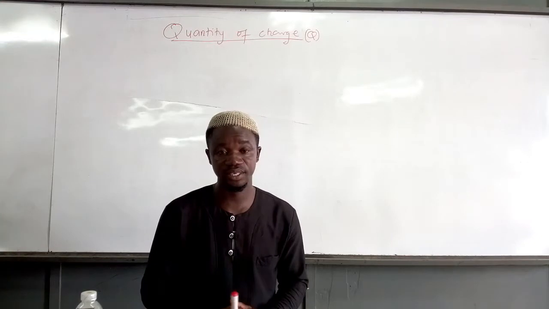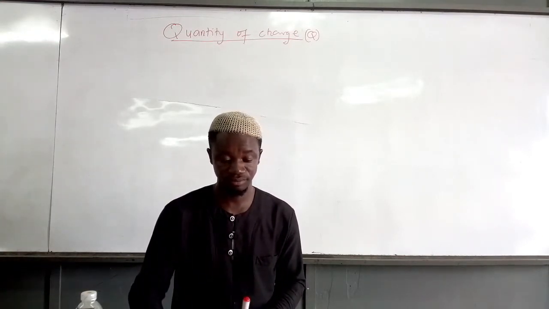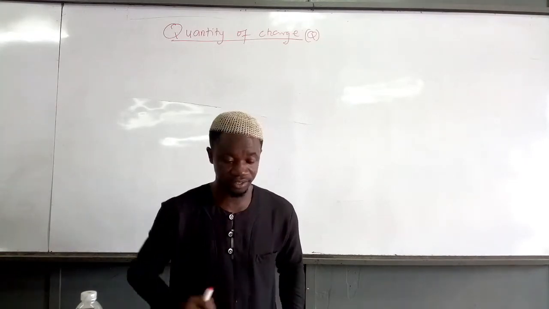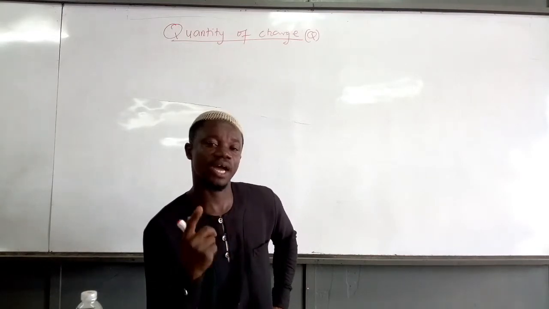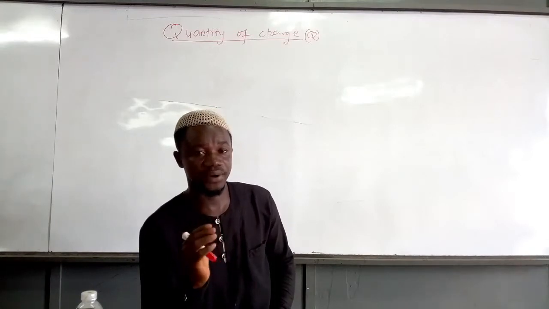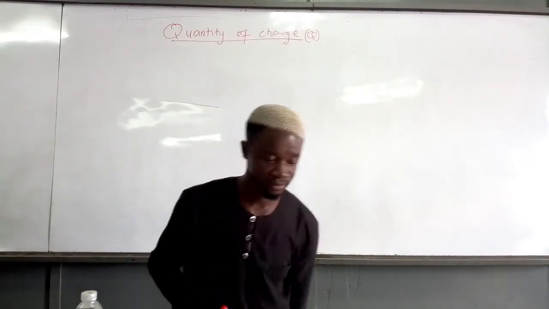So we begin today from quantity of charge. When we say quantity of charge, it is defined as the product of current in a conductor and the time taken for the current to flow. That is what we mean by quantity of charge.